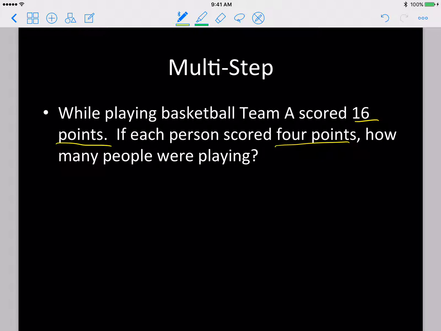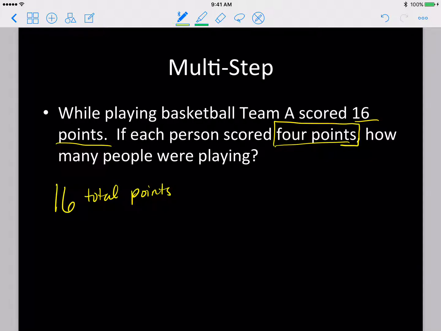While playing basketball, Team A scored 16 points. So we have 16 total points. If each person scored 4 points, how many people were playing?